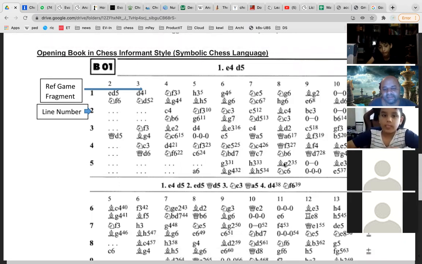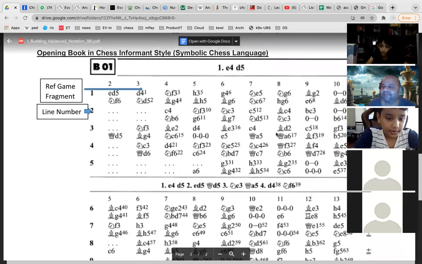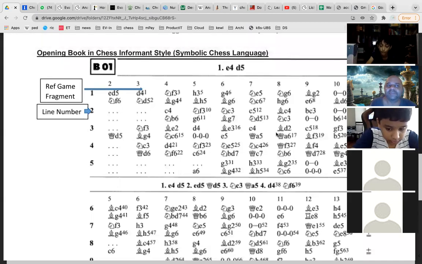Yeah, Venkatesh. Venkatesh was asking, is there a notation that will tell you when white or black can checkmate in one move? The way checkmate is written is the hash symbol, right?